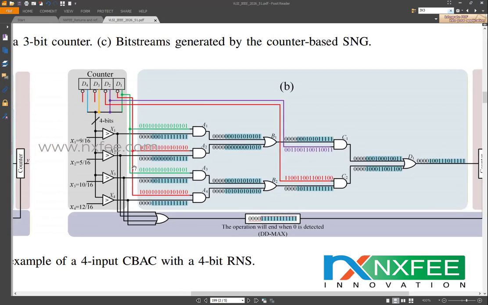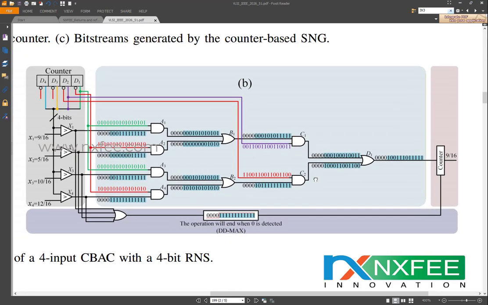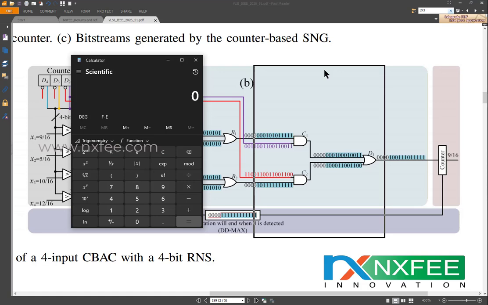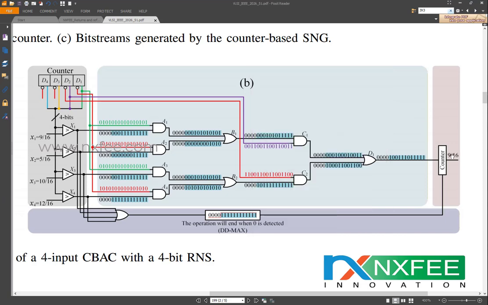The denominator is the same on the input and output sides, but only the numerator is calculated for the mean value. As an example, using a calculator: 9 plus 5 plus 10 plus 12 is the numerator value from x1 to x4, totally 36, divided by 4. The output is 9. That is why the output comes as 9 divided by 16 on the output side.